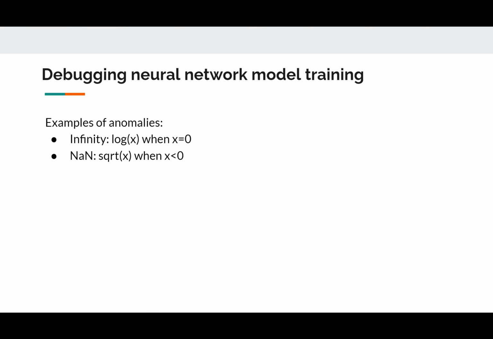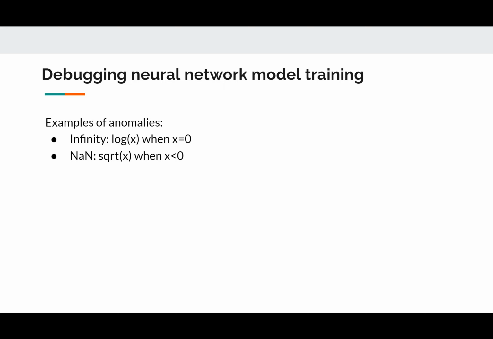People may wonder why we need a debugger, what happens, why those anomalies could happen. You can consider a neural network as a computational graph. And such a graph can be decomposed into many basic operations, also called ops.